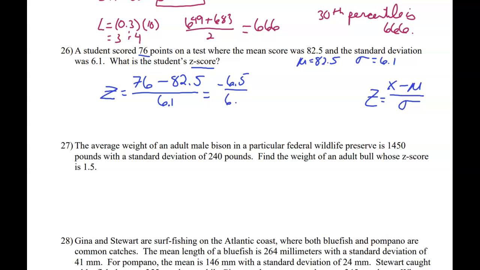Then we do the division, and z-scores are rounded to 2 decimal places. And so this particular student's z-score is negative 1.07, which, remember, we can have negative and positive z-scores because we're talking about where we are compared to the mean.